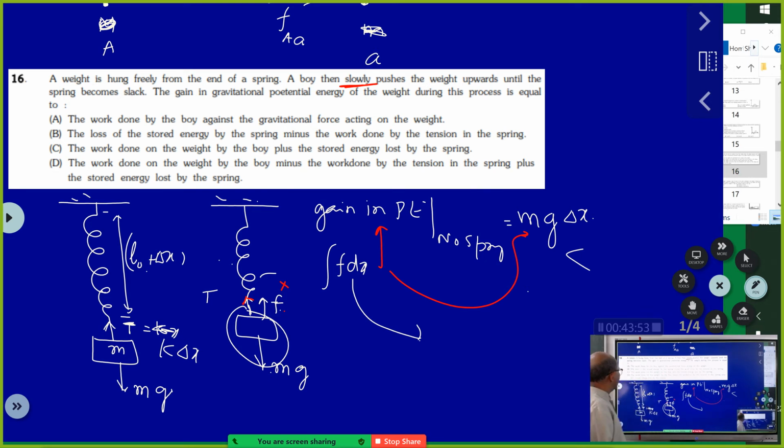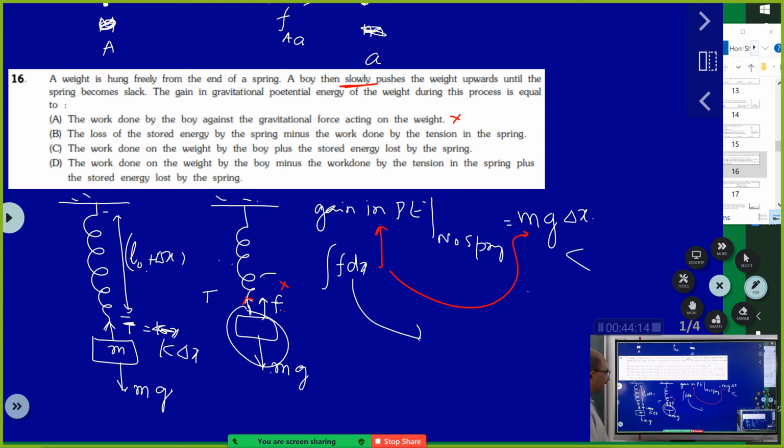Yes. So therefore, you see this option A, work done by the boy against the gravitational force. No, not correct. Why is it not correct? Because there is spring action. The loss of the stored energy by the spring minus the work done by the tension in the spring. No, it has no meaning.